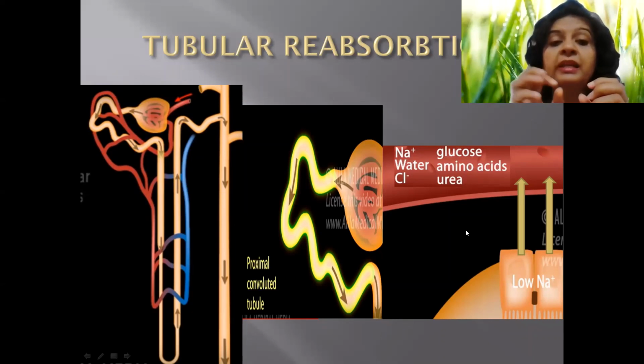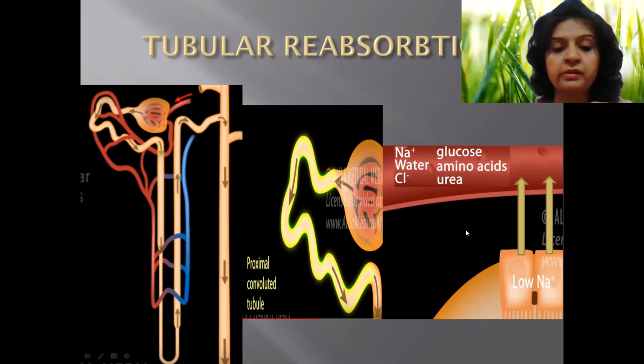Now this expelling of this particular urea from the body is the main thing that is to be done in the urine formation. So the reabsorption of this thing is occurring in the PCT and some amount in the DCT also, in the loop of Henle also. Amount of water will decide the amount of urine formed. The amount of water will determine the amount of urea so expelled out.